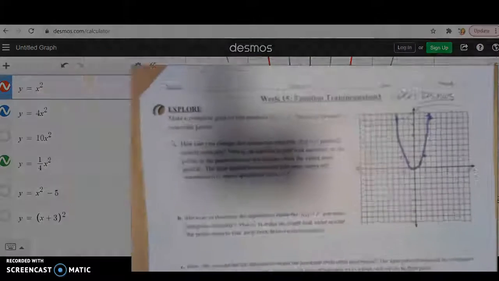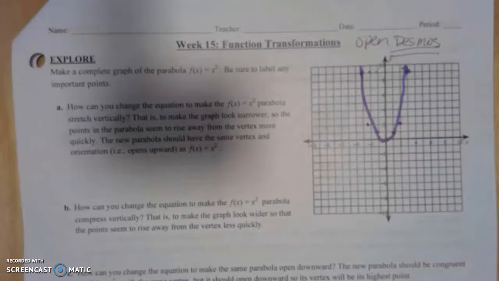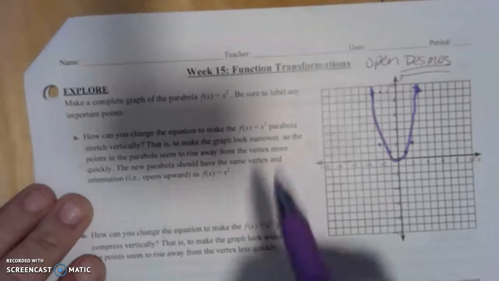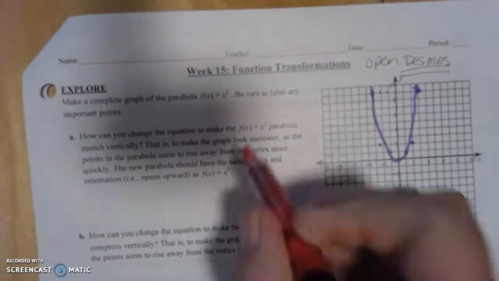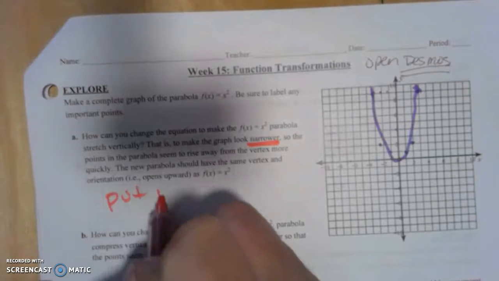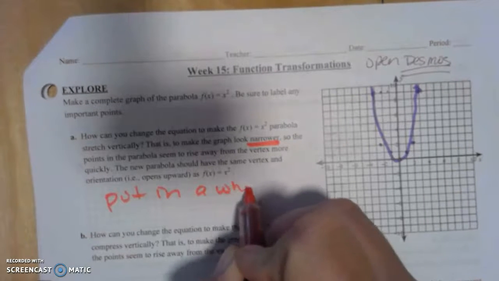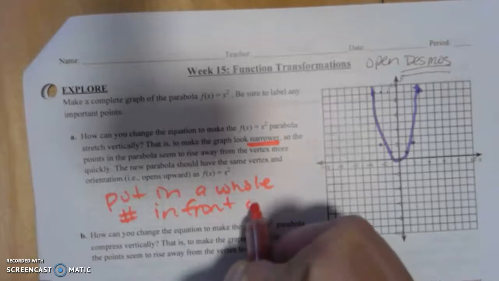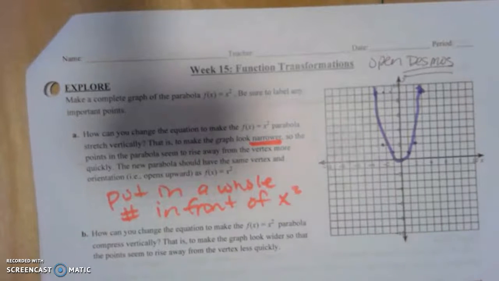So let me go back to our little graph right here. What do we need to do to get narrower? To get narrower, you need to put in a whole number in front of x squared.